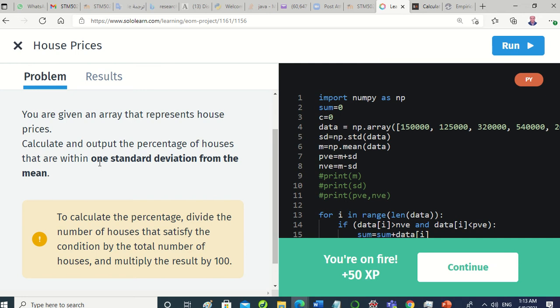So we have here deviation, and we have standard deviation, and we have the mean, and we have also one standard deviation. Let's search about these terms in Google.